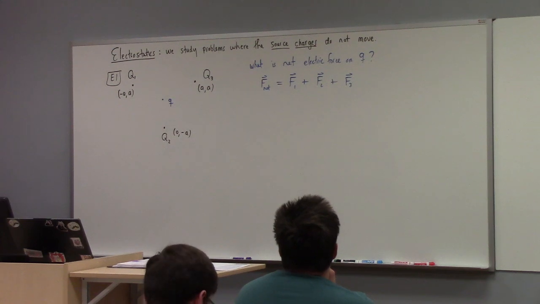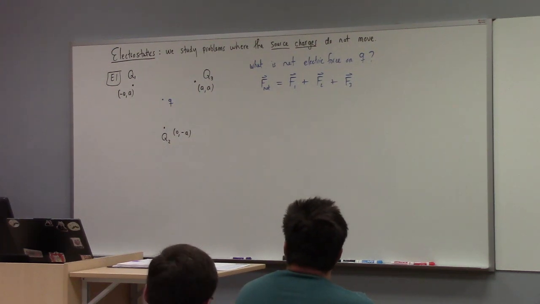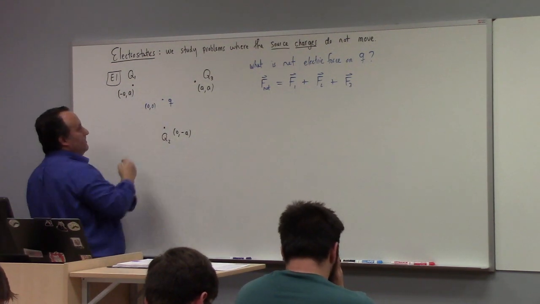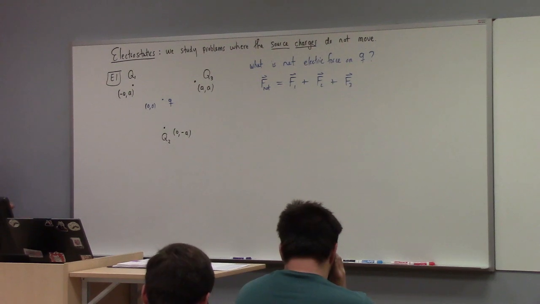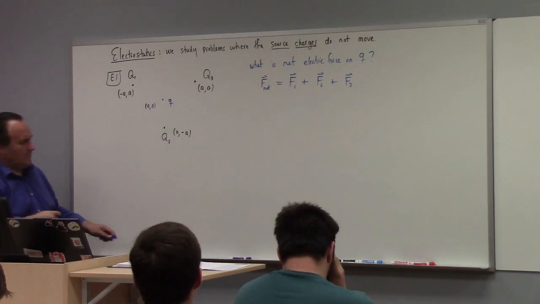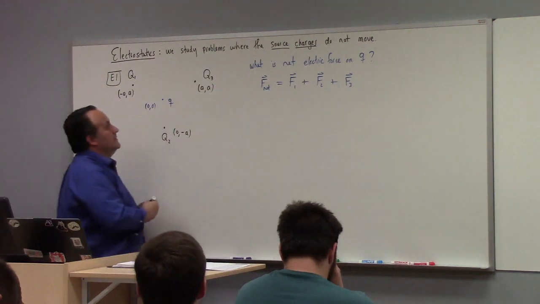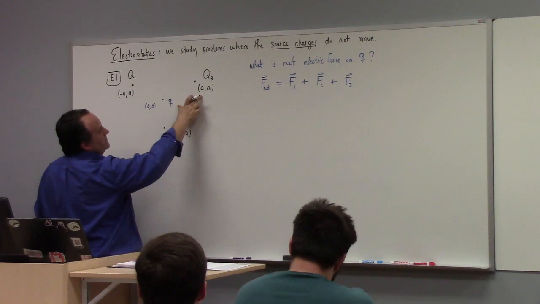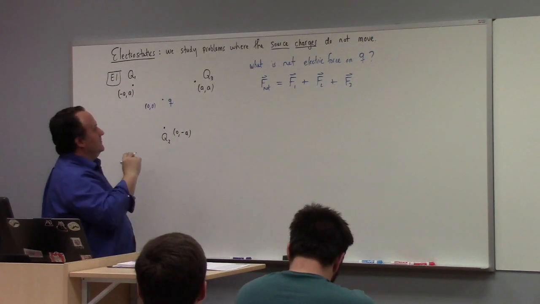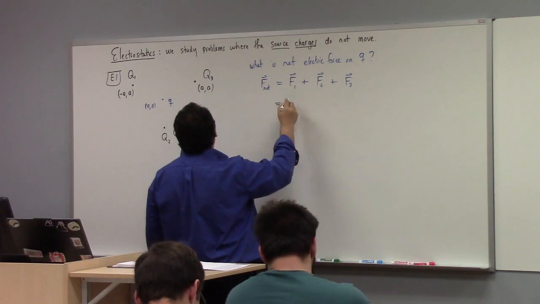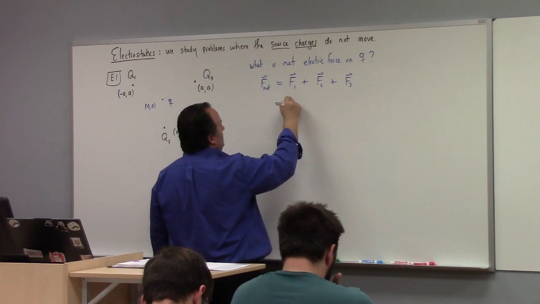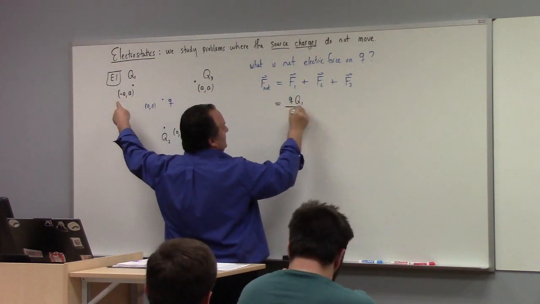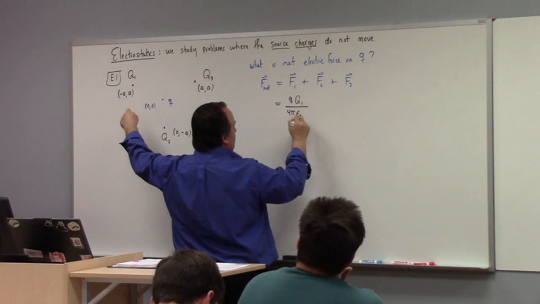And let's see here. So for F1, what's the distance? The Q is at the origin, right? So I believe I should write Q, this is the one, Q1 over 4 pi epsilon naught.